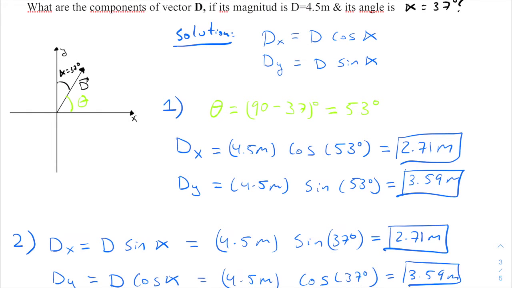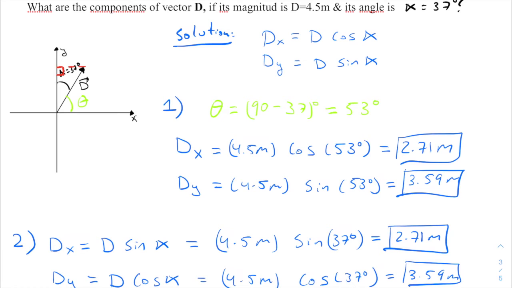Then the second way we can do this problem is by using geometry to find new equations. In this case, we know that the vector D and the y-axis create a right triangle, as we can see here. Therefore, we have a 90-degree angle right here, and we can use simple geometry to find our equations.